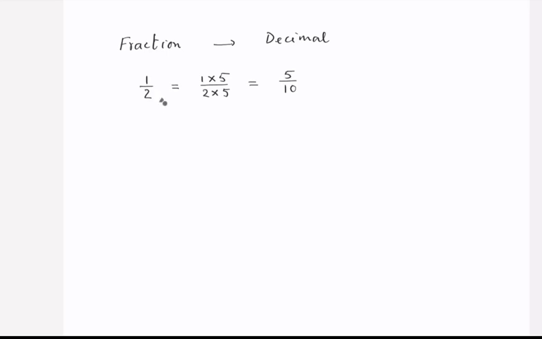Now, before understanding how to represent 5 by 10 in decimals, let me define what decimal notation is by taking 1 by 10 as an example. Okay, remember, in the decimal system, we divide the whole unit into 10 equal parts.